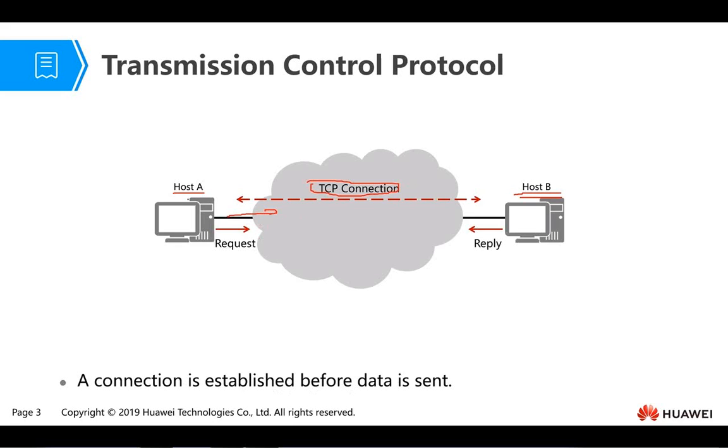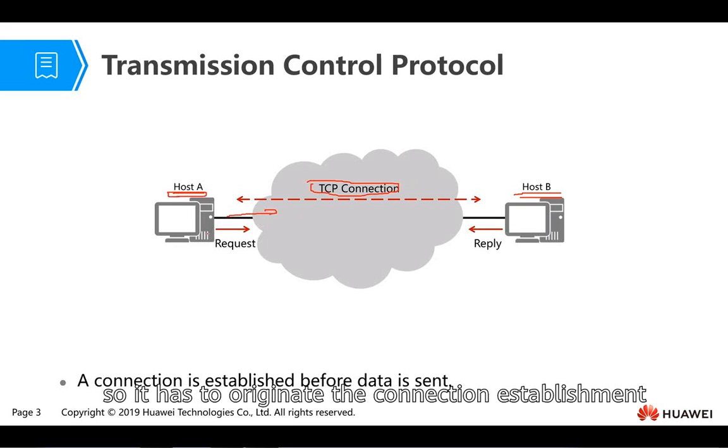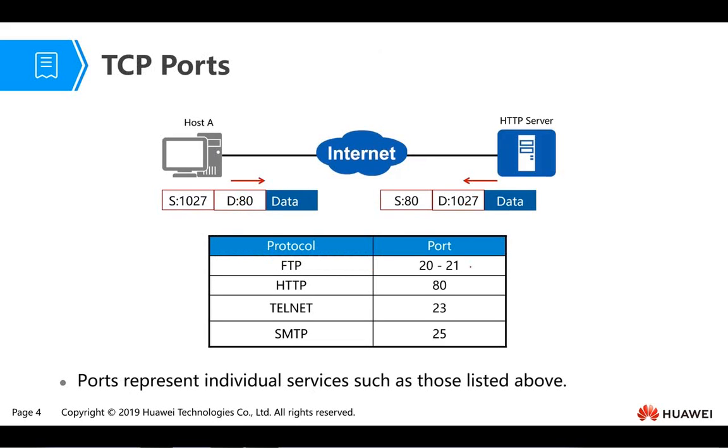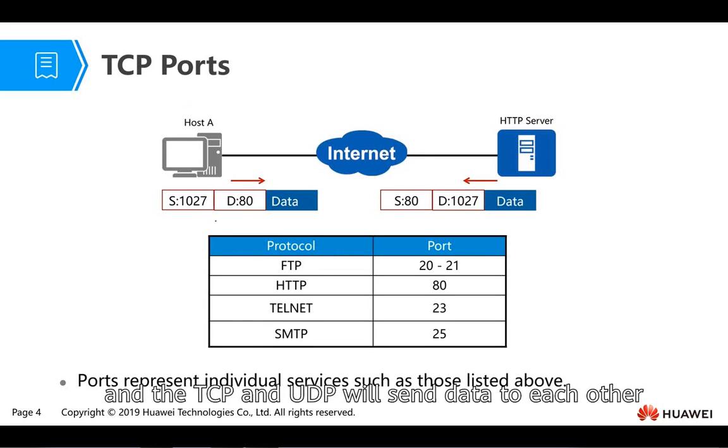Of course, because host A wants to send, host A should originate the connection establishment, sending a request, and host B will reply to establish the connection. After the connection is established, TCP and UDP will send data to each other. The TCP and UDP headers are similar.